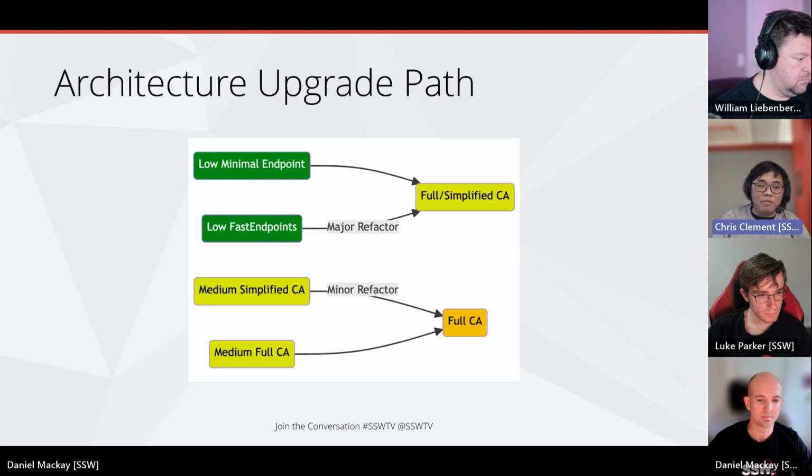But if you start from low with FastEndpoints, then you're probably going to do a bit of refactoring. And from medium, you can go directly to full clean architecture, because it's a reduced version of clean architecture. So you would need a minor refactor, but not a huge one. You don't have to rewrite all the code. That's the summarized version of it.